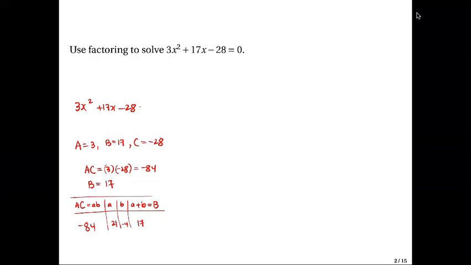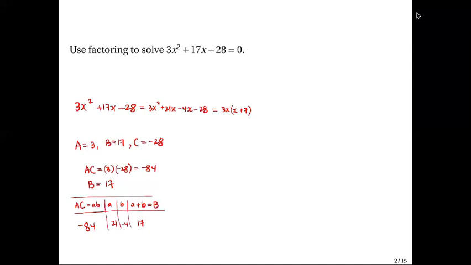So just like before, you have 3x squared plus 21x minus 4x minus 28. And then grouping. If you group that, you will be able to factor out 3x, and what will remain inside is x plus 7.